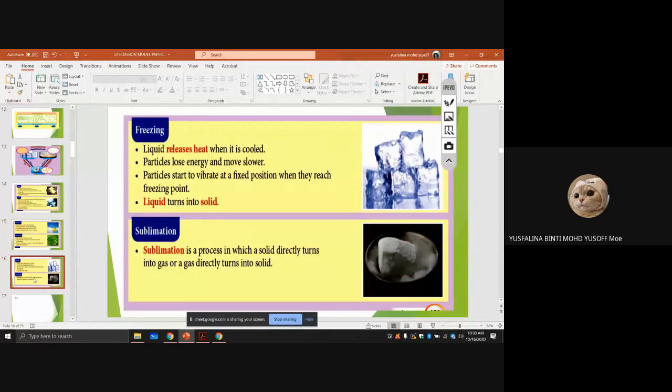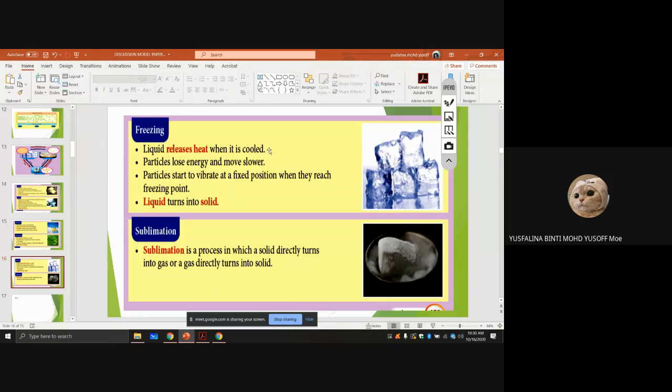Alright, next one is freezing. Freezing, liquid releases heat when it's cold. The particles lose energy and move slower. The particles start to vibrate at a fixed position when they reach the freezing point. So liquid turns into solid.